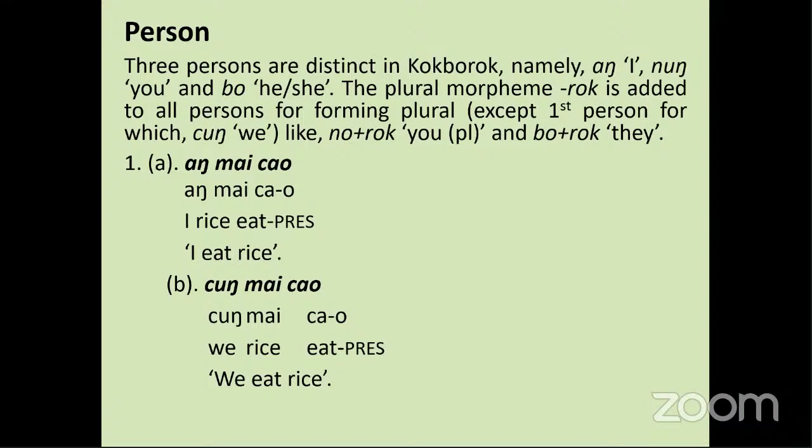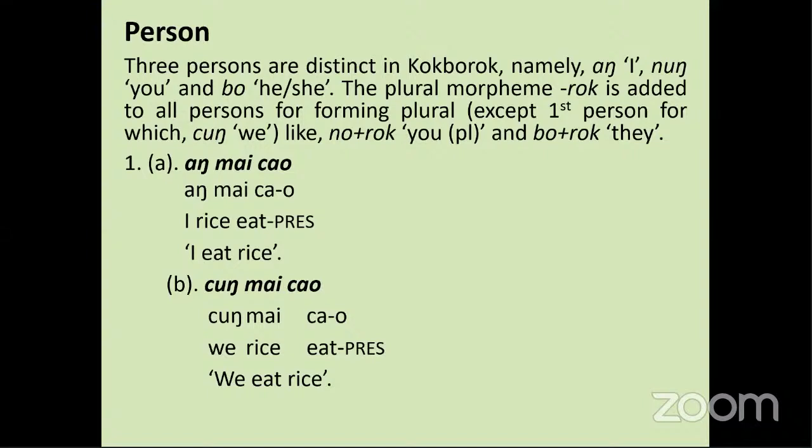So the language has no grammatical person agreement phenomenon between the verb and its subject argument, as we can see in the examples below. So, ang mai chow. Ang is the first person. Ang mai chow, I eat rice.